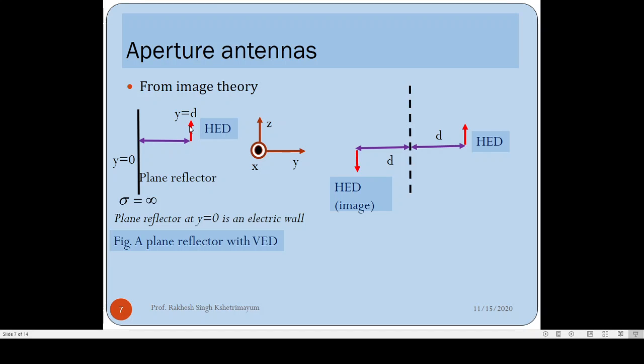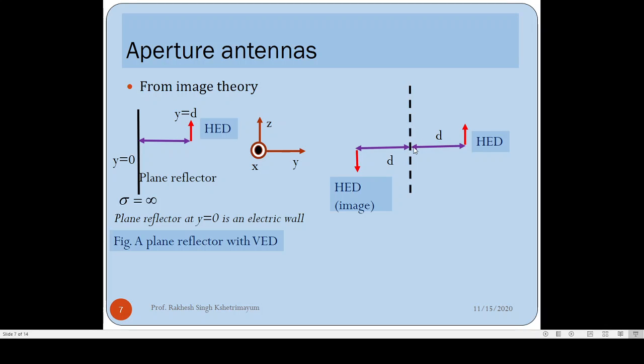So we can apply image theory. If I remove the perfect electric conductor, I need an image here in the opposite direction: another horizontal electric dipole 2, which is the image of horizontal electric dipole 1, in the opposite orientation. Then the boundary condition of the original problem would be satisfied.